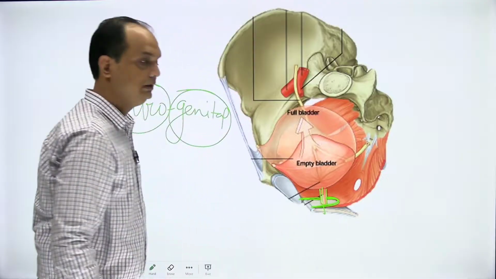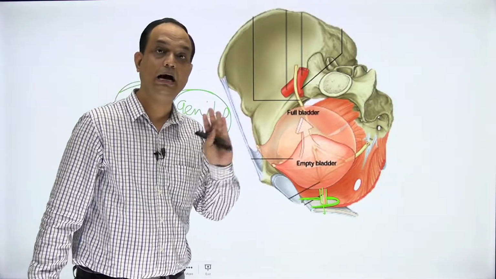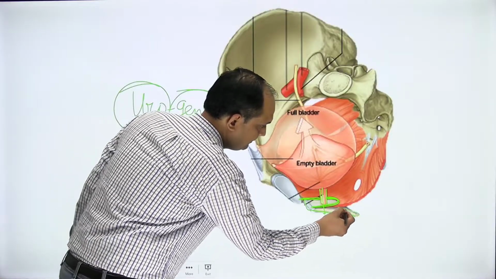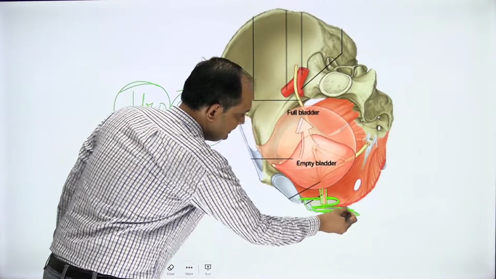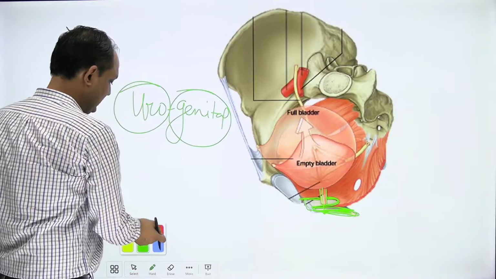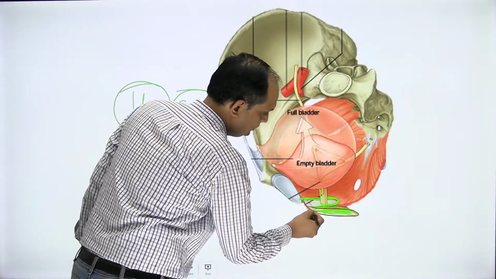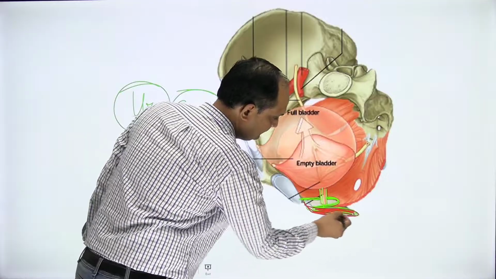Now below the urogenital hiatus, you can see this additional plate. This additional plate is known as the urogenital diaphragm. What is that? Urogenital diaphragm.